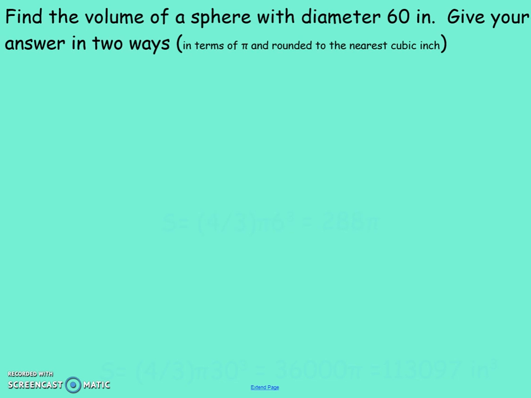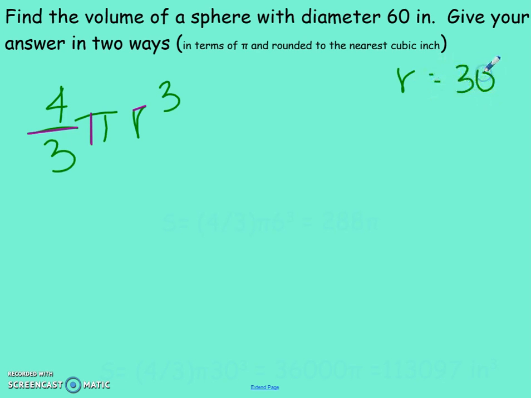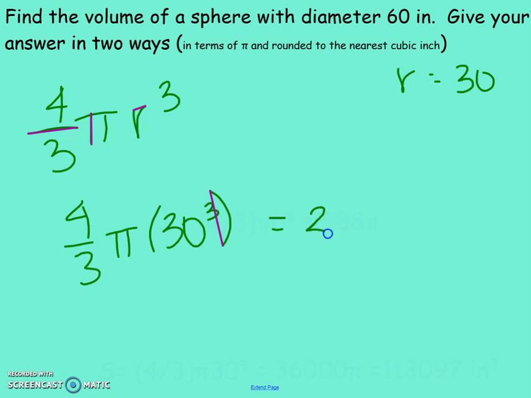The next one, find the volume of a sphere with a diameter of 60. So that means the radius is 30. We have 4/3 pi 30 cubed. So that means 30 times 30 times 30, and then times 4/3, which leaves 36,000 pi.